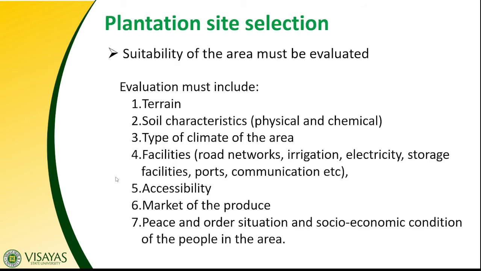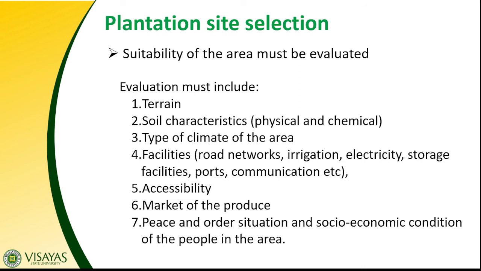In terms of the suitability of the area, the evaluation must include looking into the terrain of the area, whether flat, rolling, or sloping, because for sure this will affect the cultural management practices that will be done to the plantation crops.